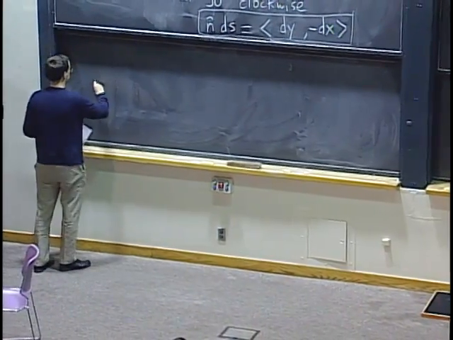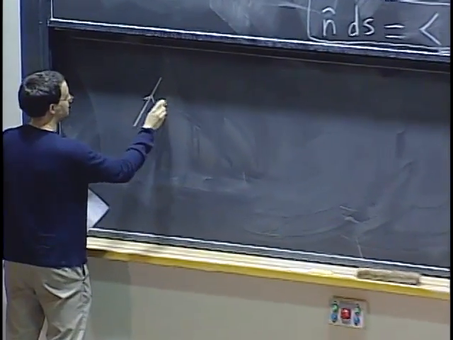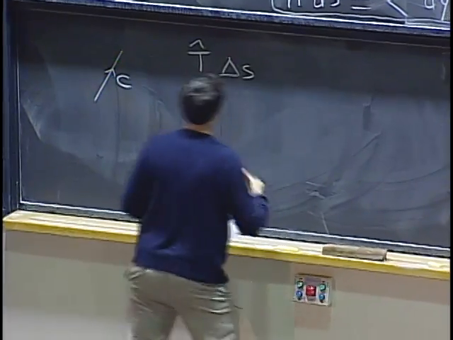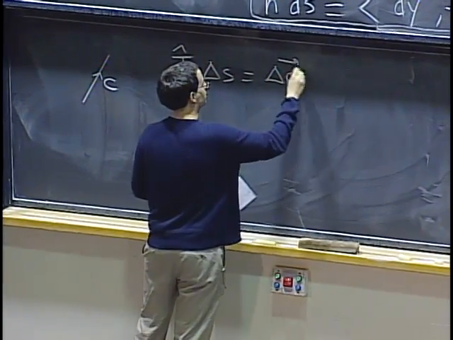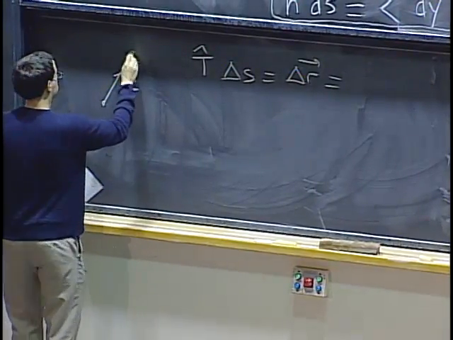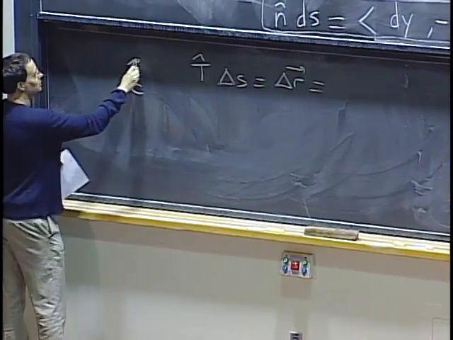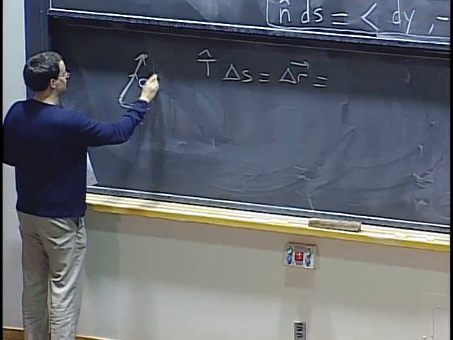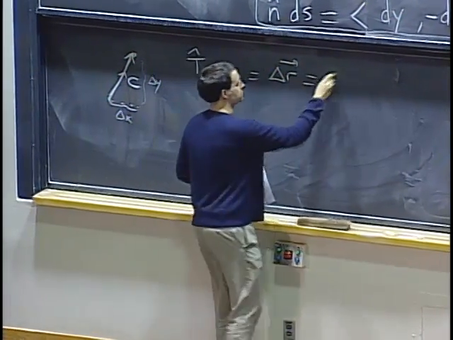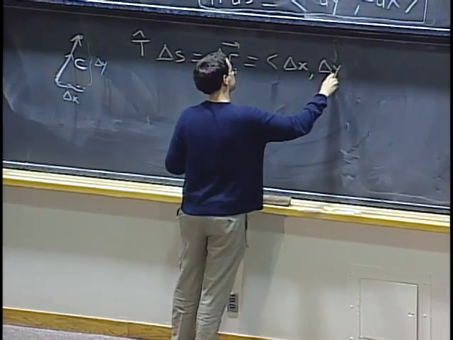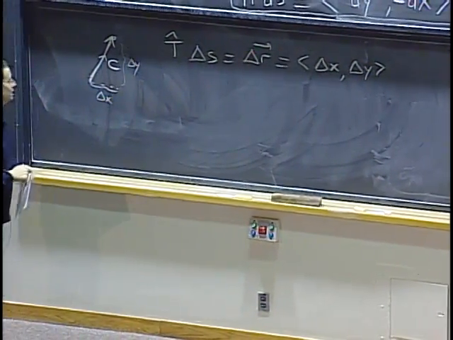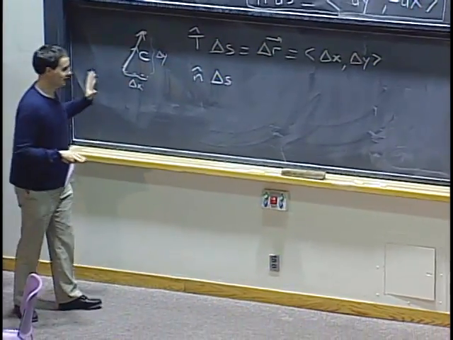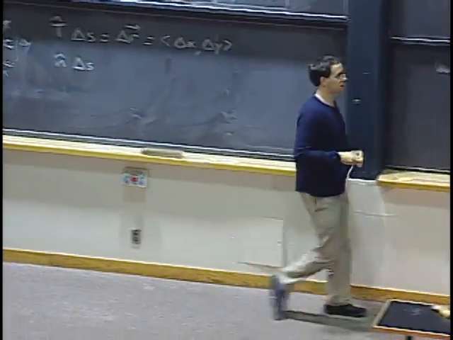Actually, let me just convince you quickly. Let's say we have a small piece of C. T delta s is also the vector delta r, the vector that goes along the curve. Its components will be indeed the change in x, delta x, and the change in y, delta y. And now if I want to get n delta s, it's perfectly valid and rigorous to just rotate that by 90 degrees.